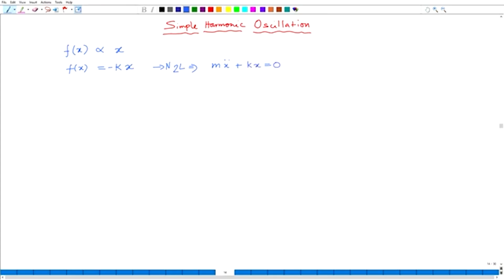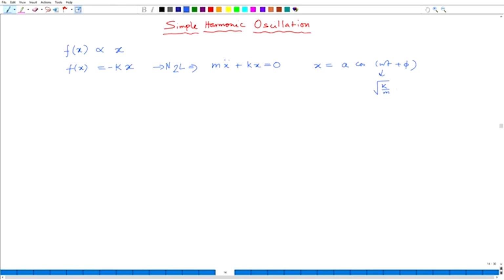And you will have x is equal to a sin(omega t plus phi), or with equal freedom a cos(omega t plus phi), where omega is given by root over k by m.